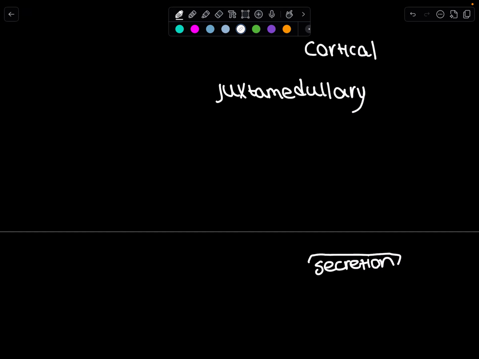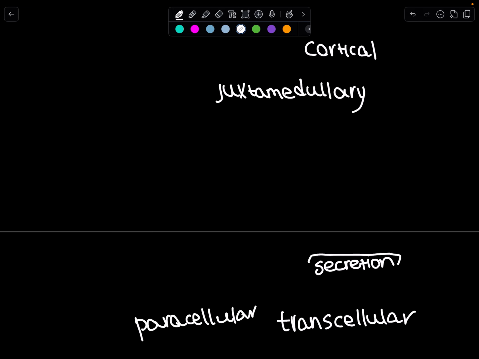So transcellular and paracellular transport. I want to understand the difference. All right, for the podcast listeners, let's break down transcellular versus paracellular transport. Transcellular transport is when substances move through the cells of the tubule wall, crossing both the apical and basolateral membranes via channels, pumps, or carriers.